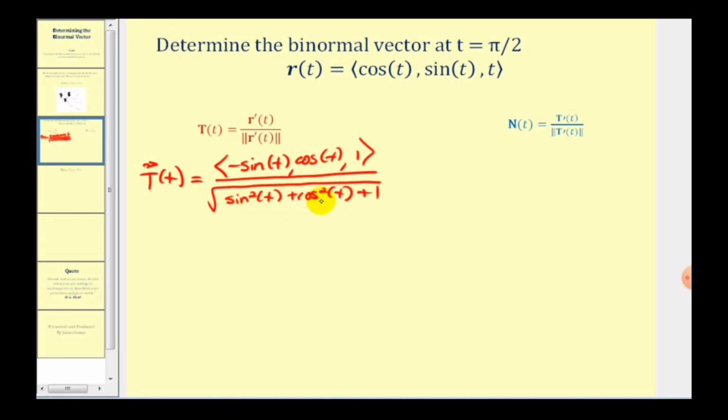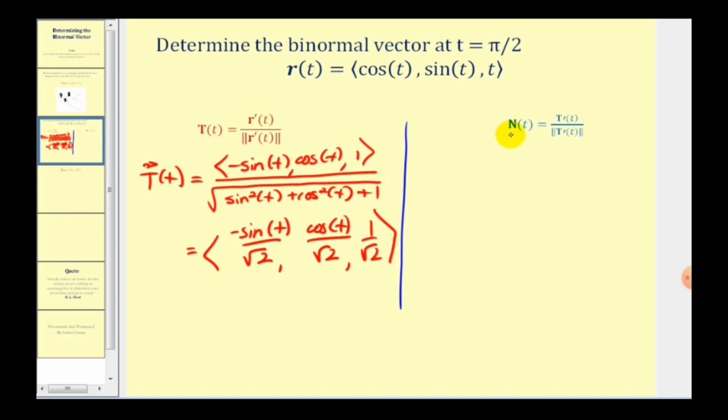Well, sine squared t plus cosine squared t is going to give us 1. So it looks like we'll have the square root of 2 here. So our unit tangent vector valued function will be negative sine t over square root of 2 for the x component, cosine t over the square root of 2 for the y component, and 1 over the square root of 2 for the z component.